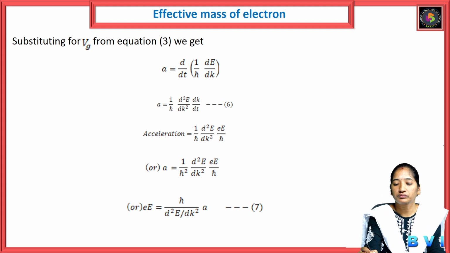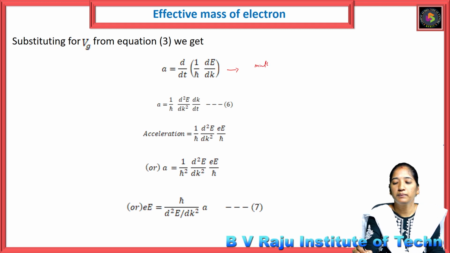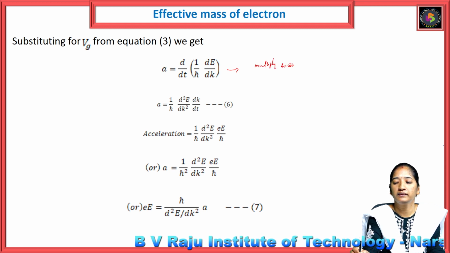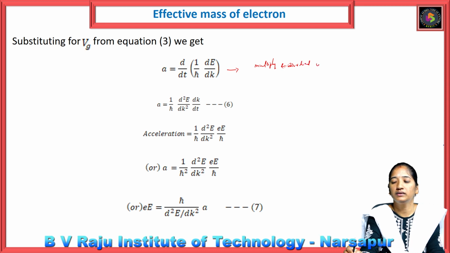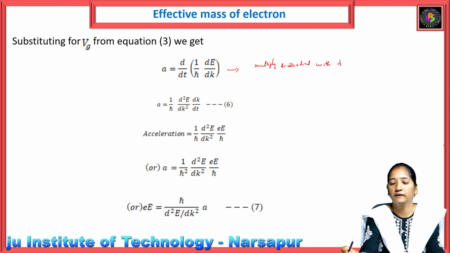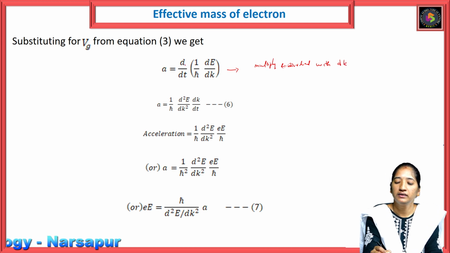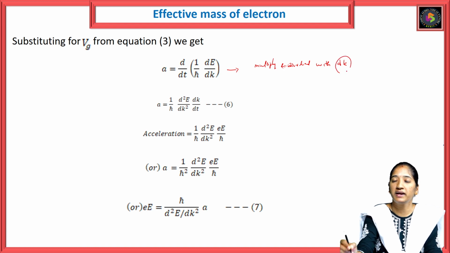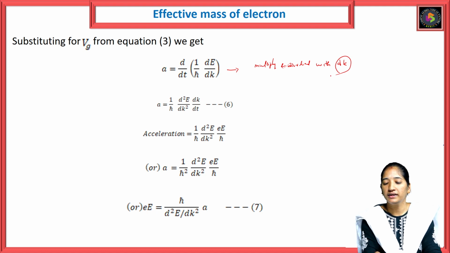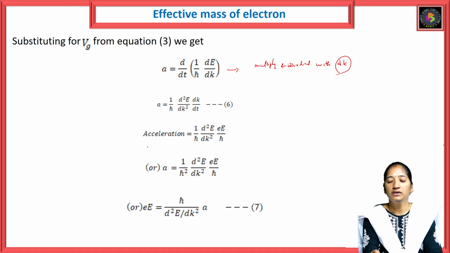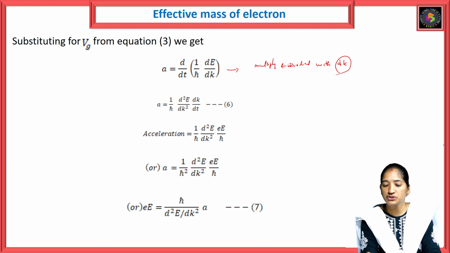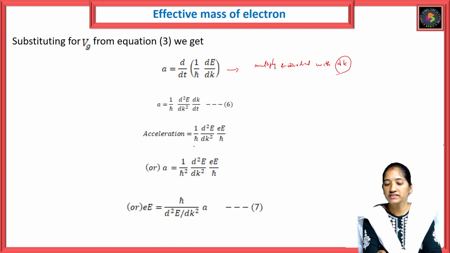So for this equation we multiply and divide with dk. So then d square in the denominator dk square, and in the numerator also dk we have to write because we multiplied and divided with dk, by dt. So acceleration a is equal to 1 by h cross d square E by dk square into dk by dt.